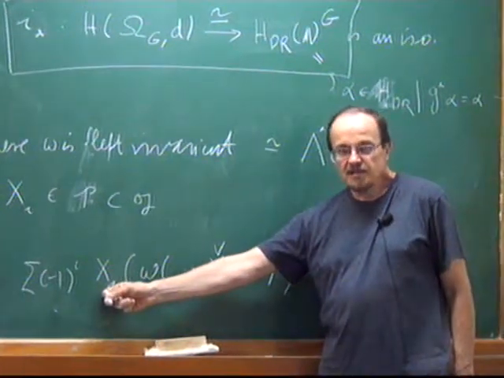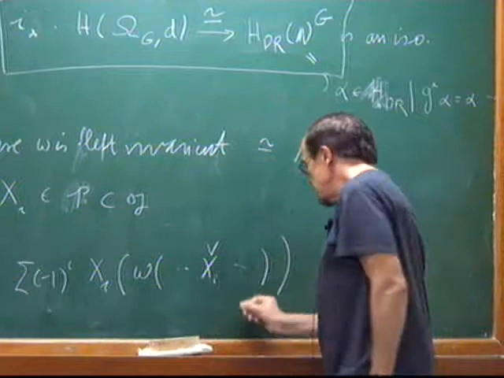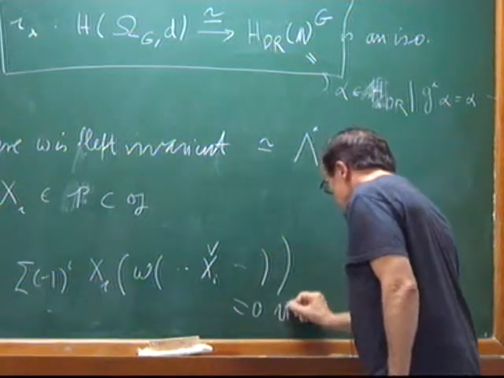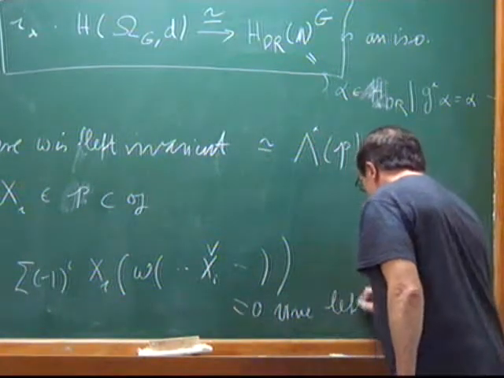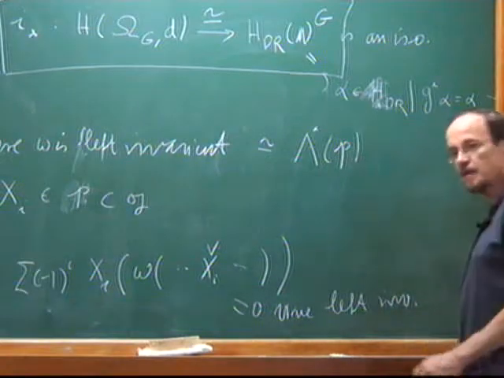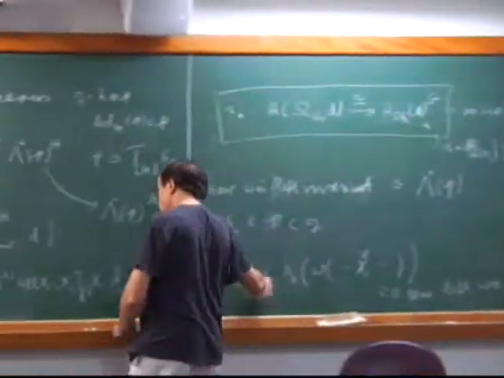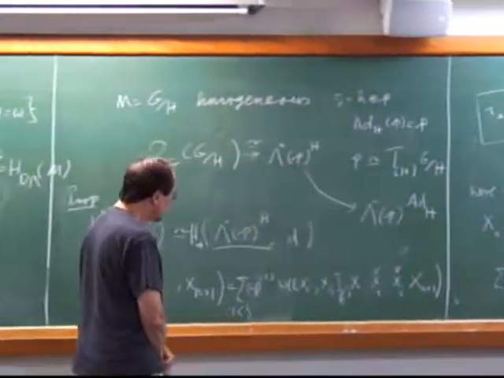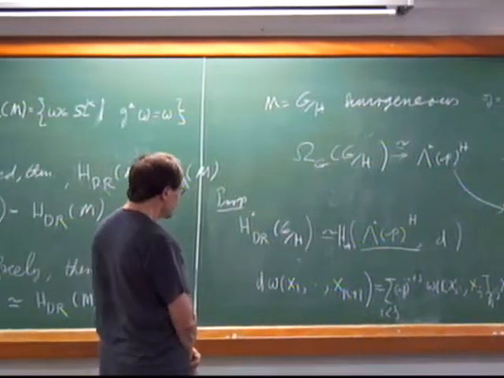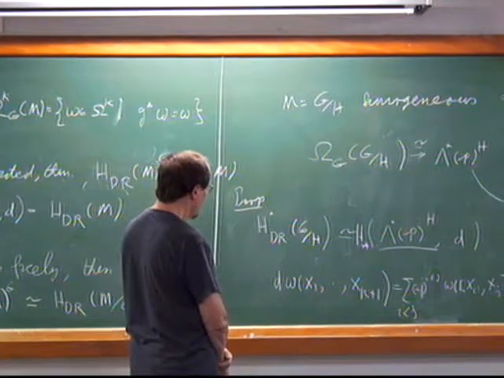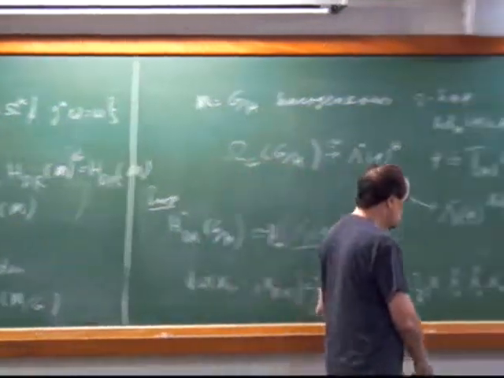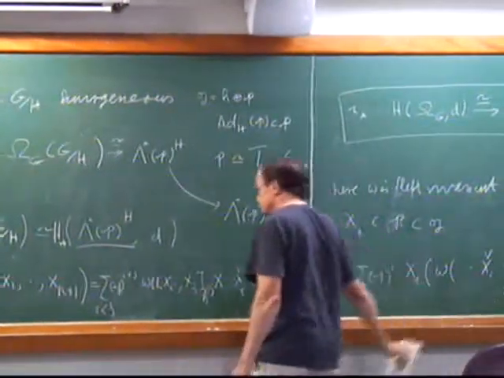Differentiate in the direction of xi, I get 0. So this is equal to 0, since everything is left invariant. Okay. Because that term is 0, now it becomes completely algebraic. So that's now immediately a consequence of our general theorem.